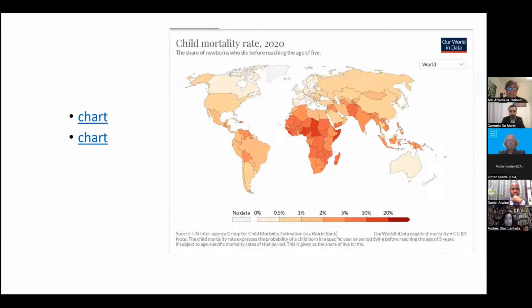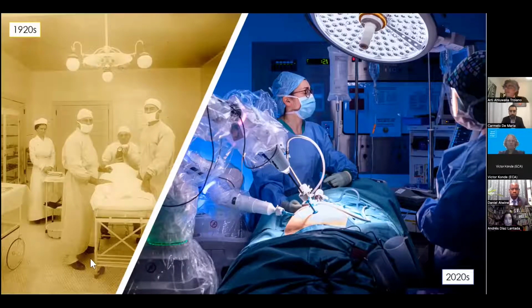So if we look at this slide, I think it is very, very interesting because what it shows us is an operating theatre in the 1920s. This is the classic operating theatre during the First World War, for instance, in which you have a couple of doctors, a nurse, and a very simple bed with a patient in there.